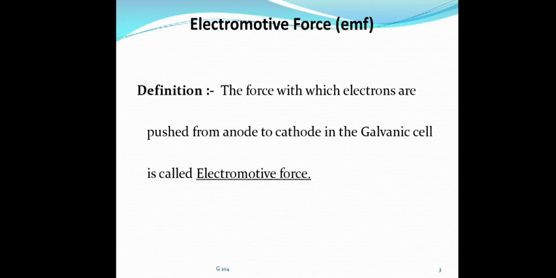In the Daniell cell, zinc is giving or pushing electrons. These electrons are traveling to copper; that is, copper is pulling the electrons. The force which pushes the electrons from anode to cathode is called electromotive force. But what is that force?